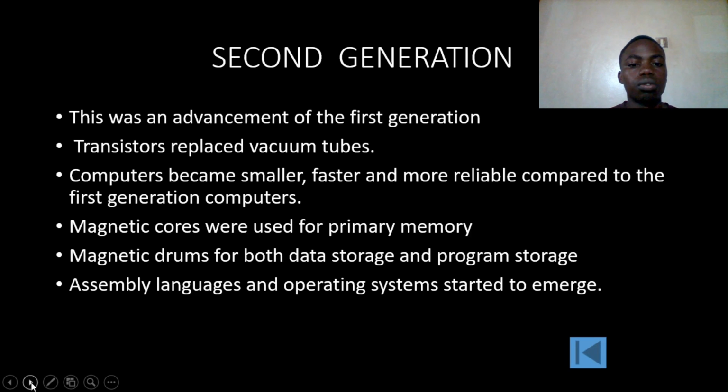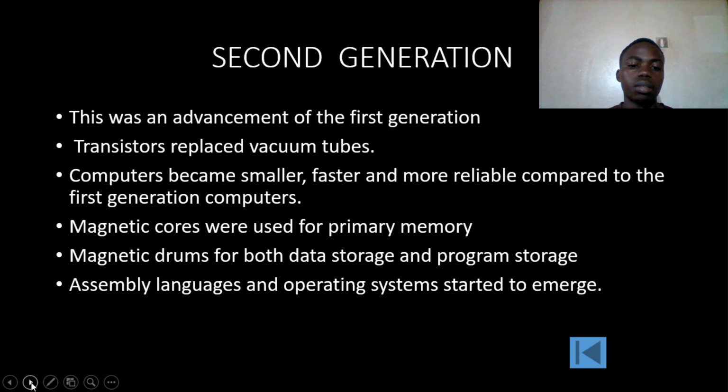To talk of the second generation, it was just an advancement of the first generation, where we had transistors replacing the vacuum tubes. Computers became smaller, faster, and more reliable compared to the first generation computers. Magnetic cores were used for memory, and magnetic storage for data and program storage.